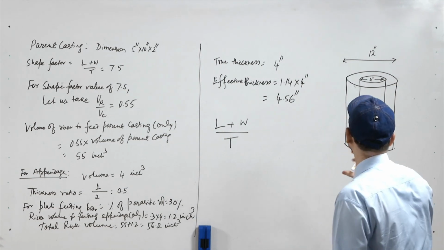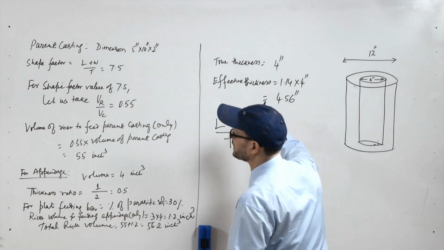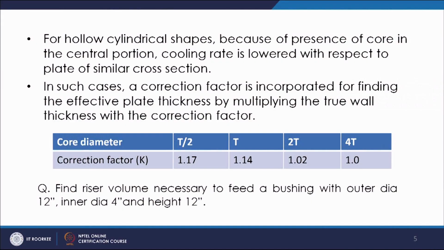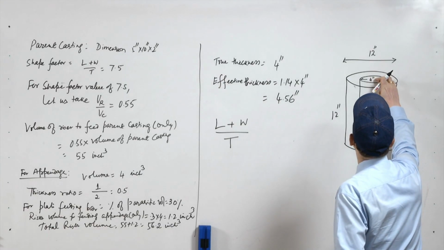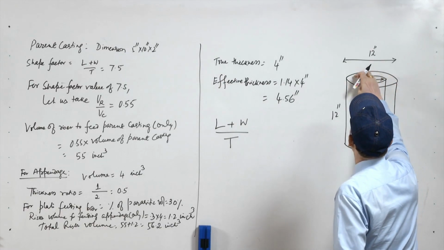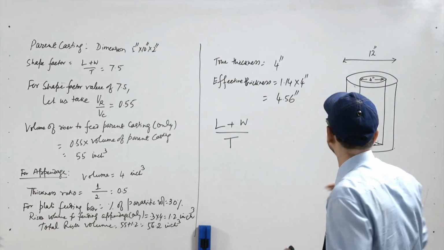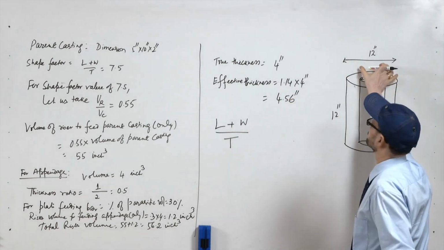So, L plus W upon T: for this case the length, or height, is 12 inch, so L can be taken as 12 inch. For the width, you have 4 inch in this portion and 12 inch in this, so you can take the average diameter as 8 inch.